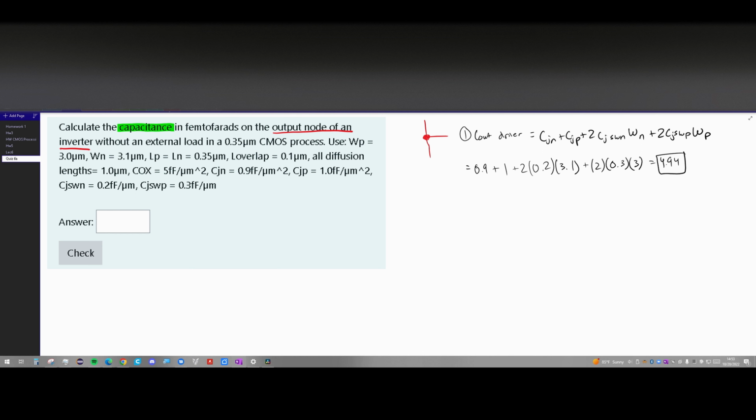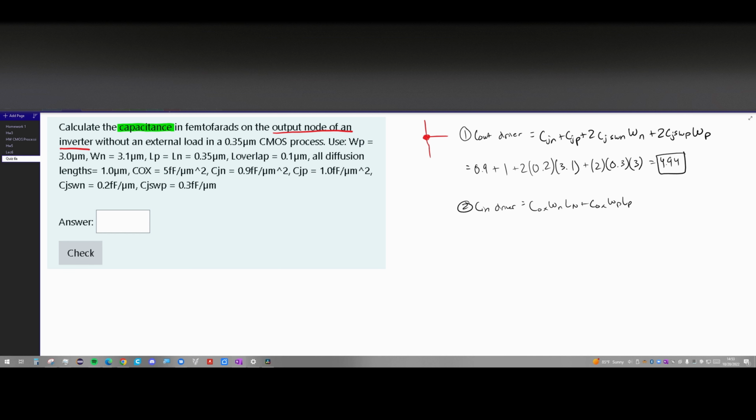Now in part 2, we want to solve for our Cin driver. So the Cin driver is going to be equal to COX times our Wn times Ln plus COX times Wp times Lp. You can easily just add the Wn and the Wp and then factor out the COX.